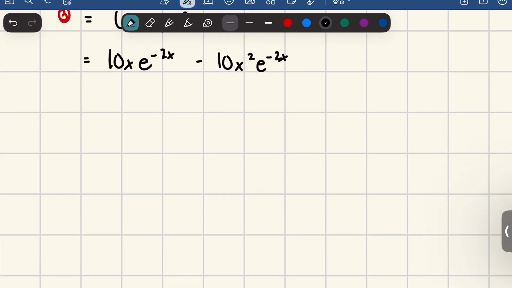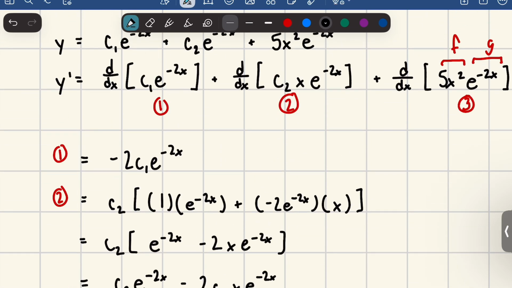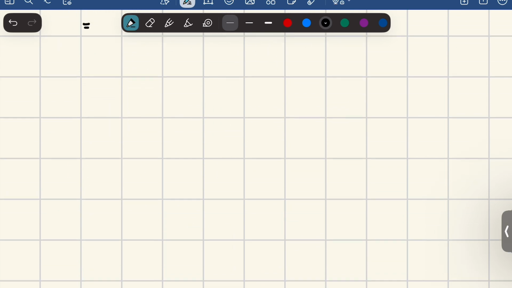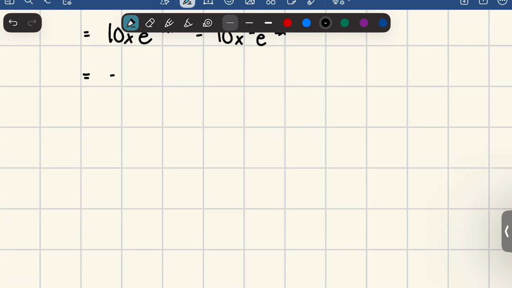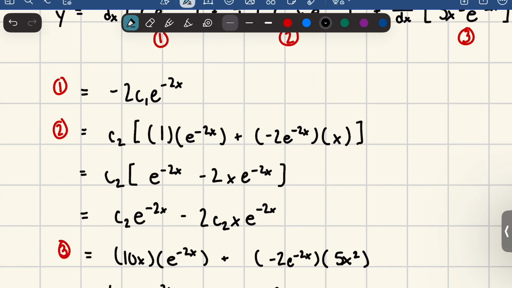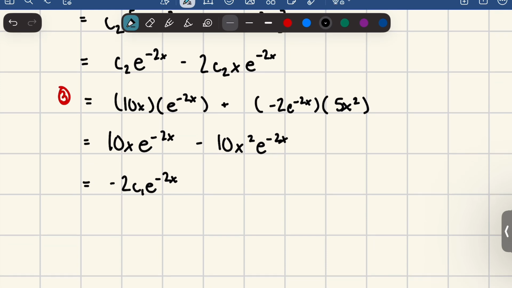Okay, so I gotta put it all together. 1, 2, and 3. So negative 2c1 e to the negative 2x. Second. Oh, it's right there.